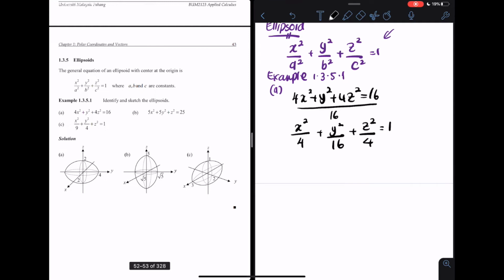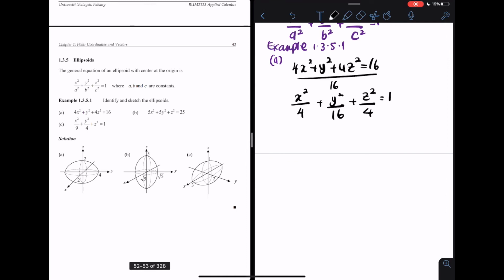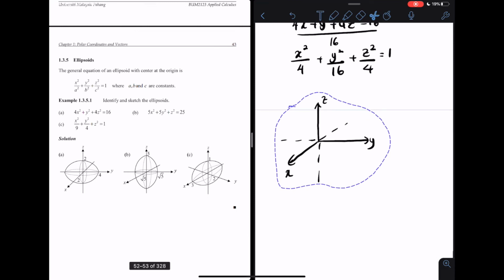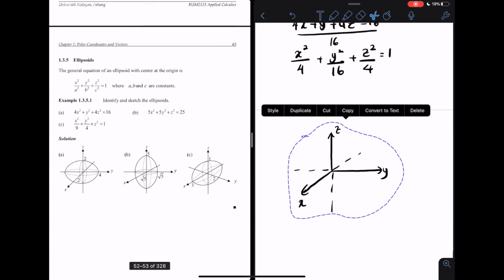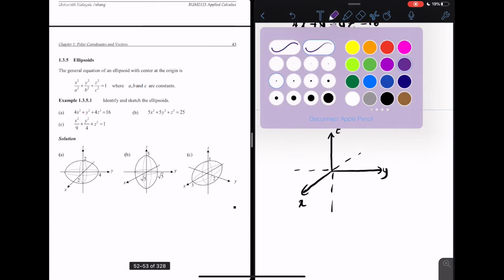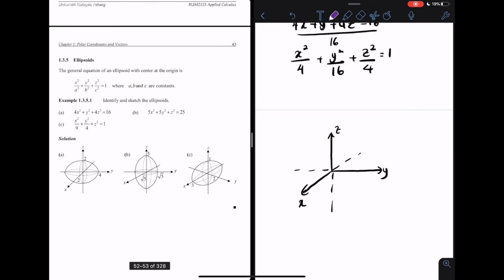So this equation indeed gives you an ellipsoid, and the radius at the x and z axes is 2. Meanwhile, at the y axis it gives you 4. Therefore, let me sketch the axes first. So I will end up having an ellipsoid, elongated about the y axis.